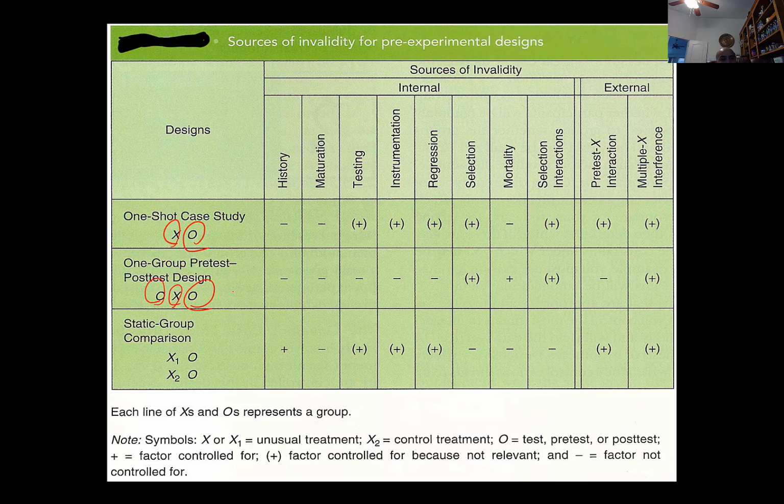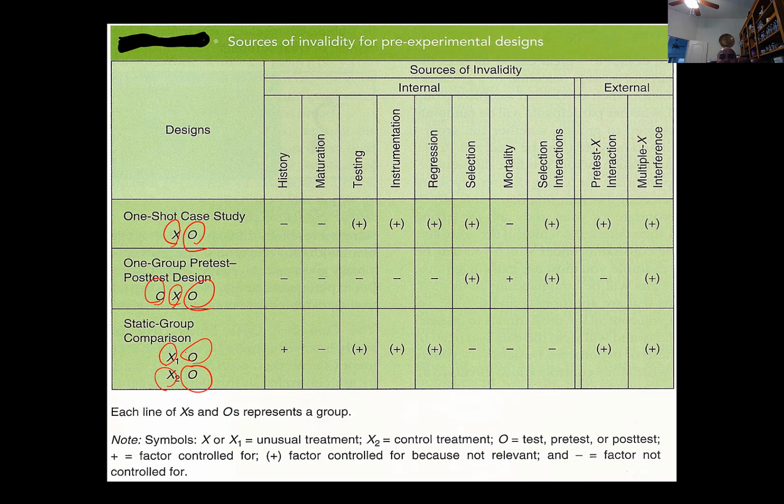So this is the one group pre-test, post-test design. Then you have the statistical group comparisons where you have 2 groups. You have a treatment for one group, a treatment for another. Perhaps they're different treatments, or perhaps they're the same treatment. And then you have a post-test or just an exam. We're not going to call that post-test because there was no pre.